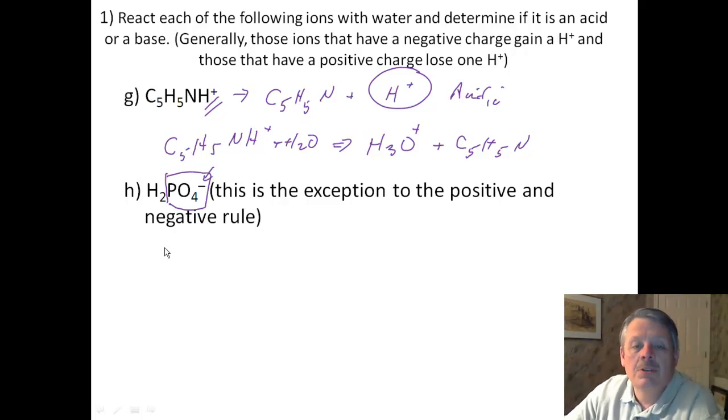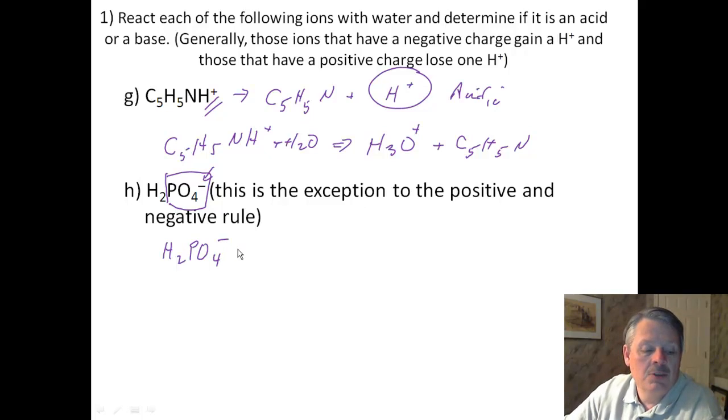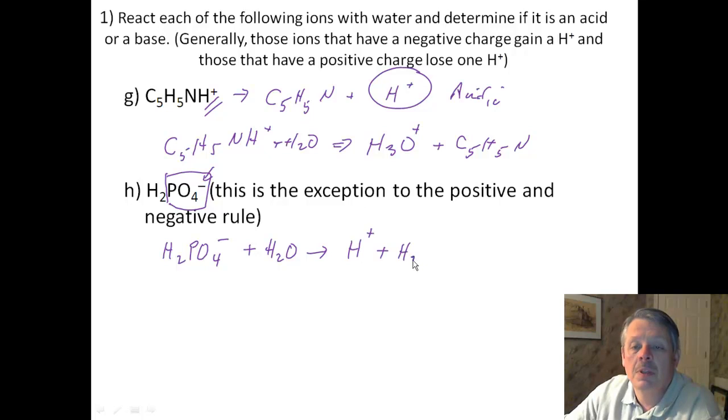So what this is going to do is give up one of its hydrogens. So when it breaks apart, it has a negative charge, and we stick it in the water. What it's going to do is give up a hydrogen, and it's going to become HPO4 with a 2- charge.